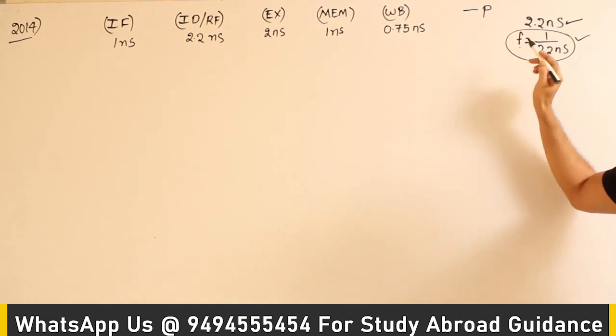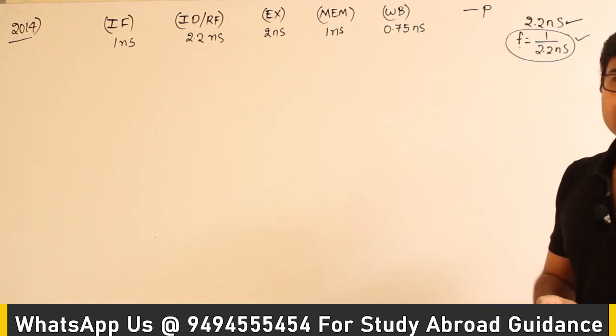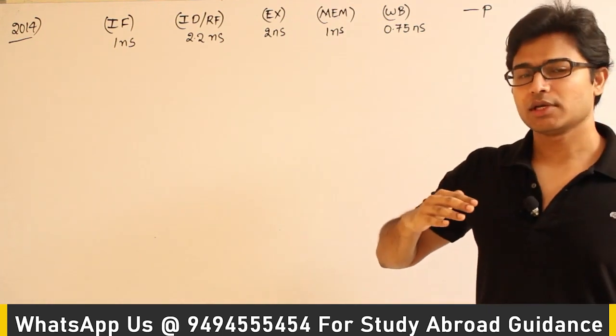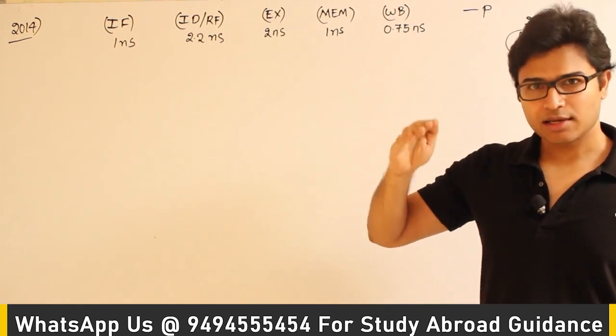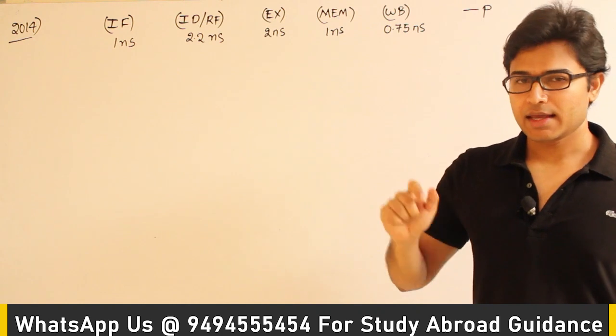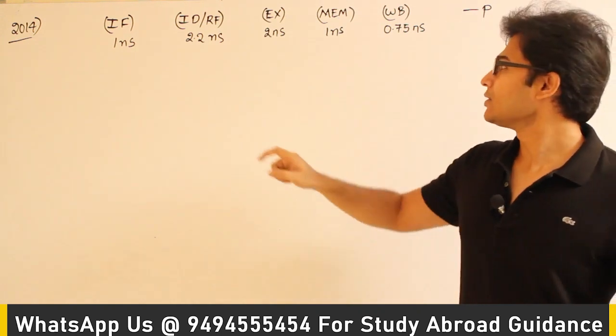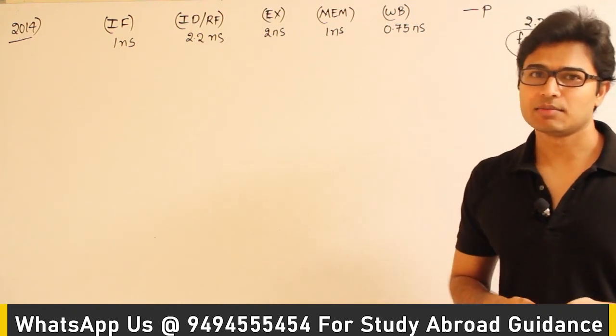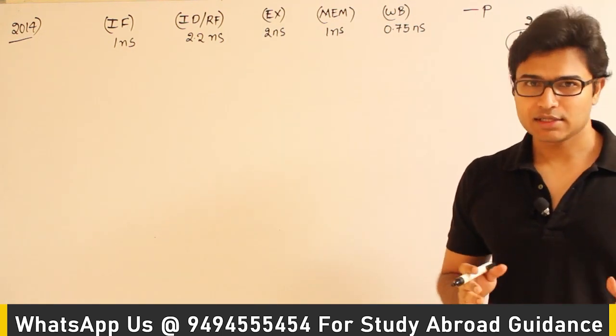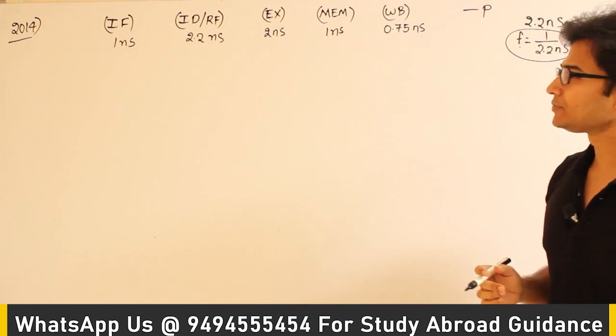So they wanted to decrease the time period of the clock, and if they have to decrease the time period, they have to decrease this number. For that reason they are splitting some stages into multiple stages.